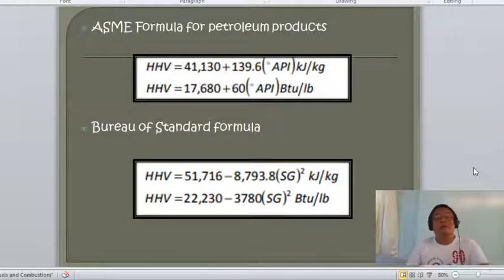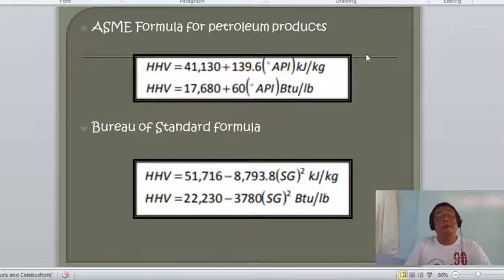So we have also here the ASME, American Society of Mechanical Engineers, ASME formula. So we have here also the heating value in terms of the degree API. This is the formula for petroleum products.